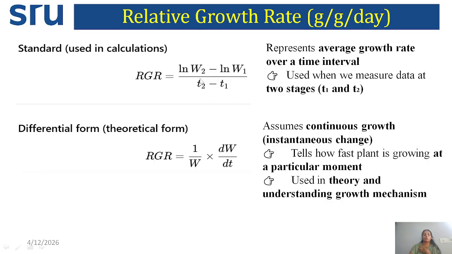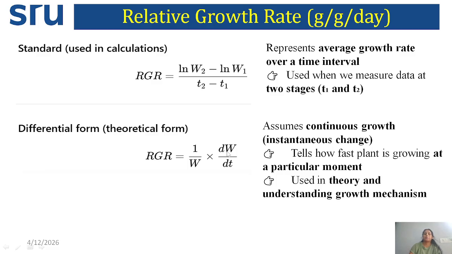For relative growth rate, most of the time we follow ln W2 minus ln W1 over T2 minus T1 only for short time or only for direct values of existing biomass. Every 1 or 2 days you need to measure the relative growth rate. Means you can directly use the theoretical formula. For example, you want to measure around a 5 days difference.